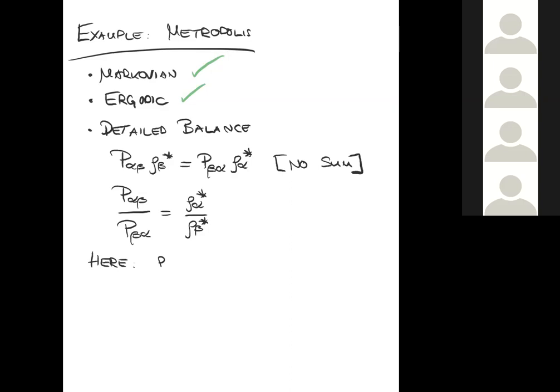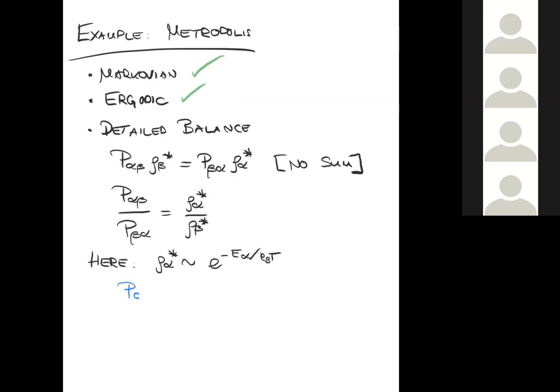We want rho alpha star, this equilibrium distribution, which has some overall normalization, the partition function, so let's just write proportional, to be proportional to e to the minus E alpha over k Boltzmann T. Then what we would like to check is that the ratio of these two transition rates is just the ratio of these exponentials.